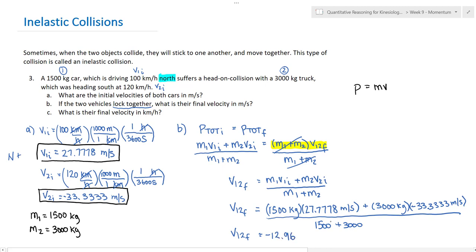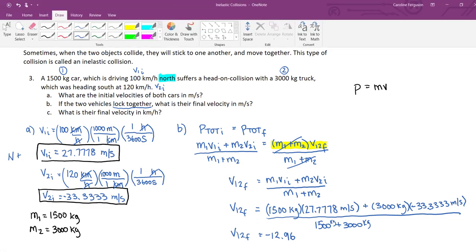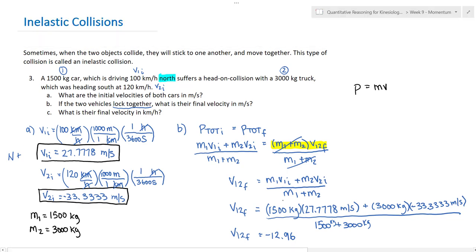On the bottom we have kilograms and kilograms. They cancel out with the kilograms that are in the numerator. So if we factored out kilograms in the numerator, we factored out kilograms in the denominator, then all of the kilograms would just cancel one another out. So they'd all be gone. And so the units that we're left with are just meters per second.